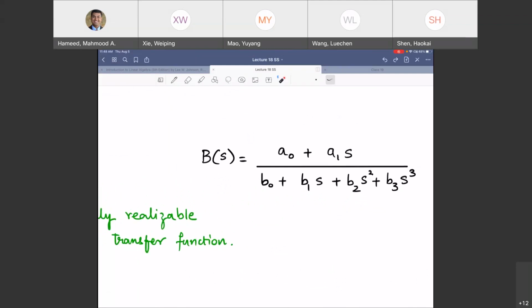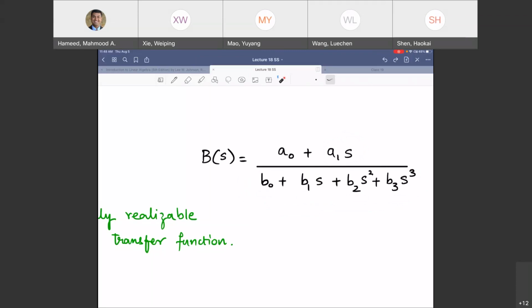Come up with an arbitrary third order rational transfer function. What do you have? A0, some constant, A1S. You have got a polynomial in S in the numerator. And you have also got a third order polynomial in the denominator because you are going for a third order filter. You have got some B0, some B1S, some B2S squared, some B3S cubed.